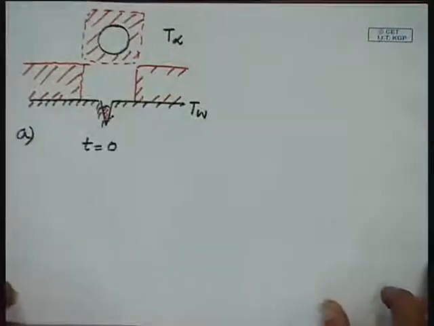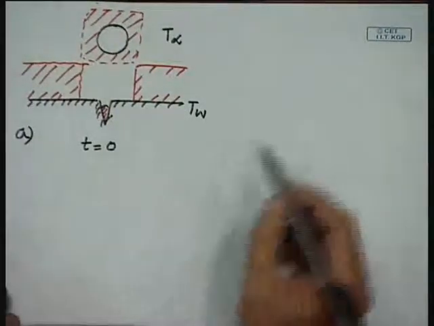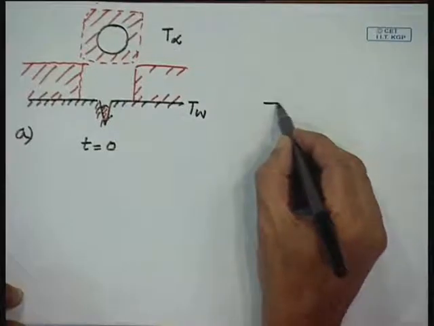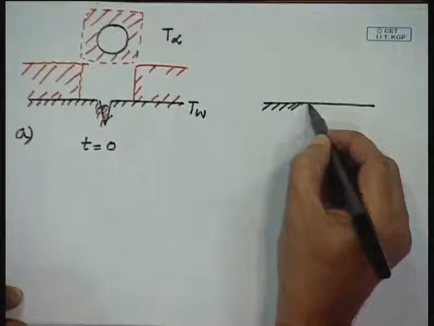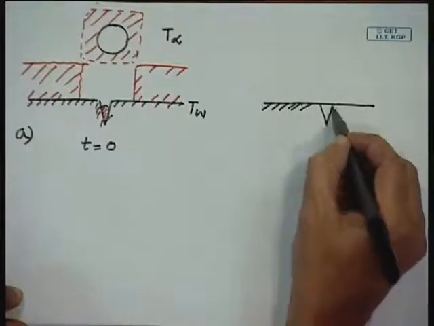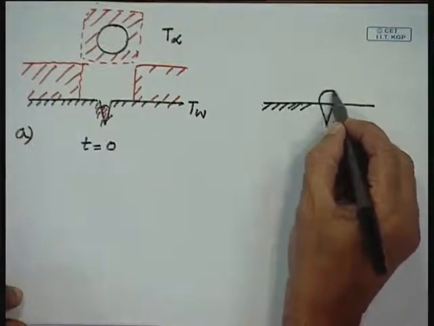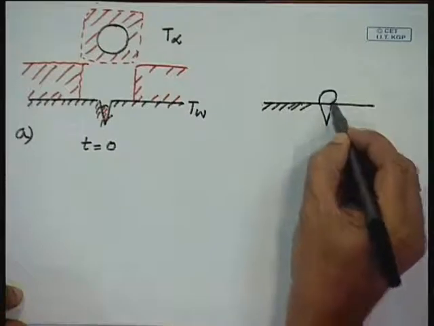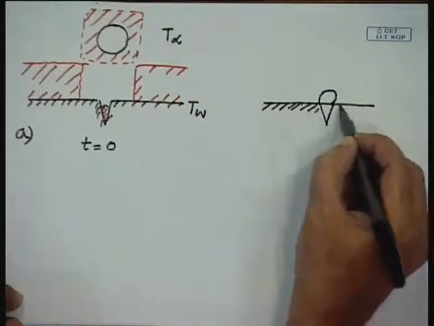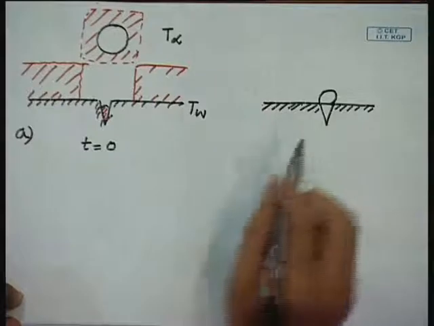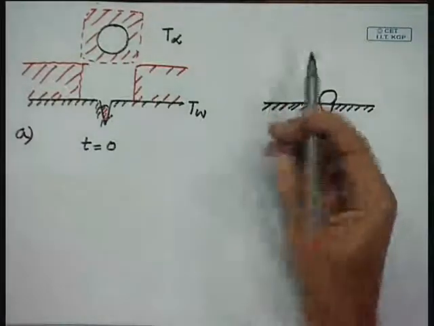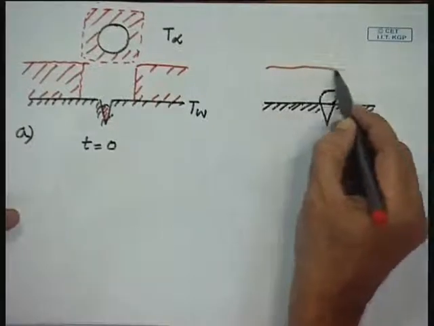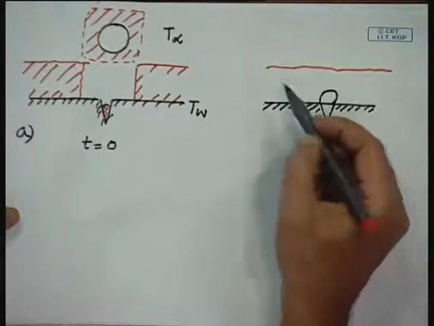So, at the end of the waiting period, which is the next phase, what we will find is this. Probably there is a very small protrusion of the bubble, and then we will have this thermal boundary layer which has been punctured.